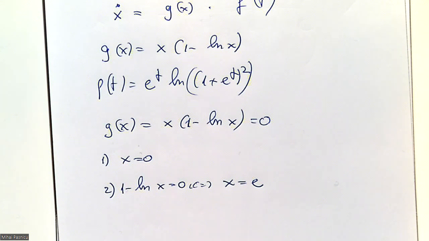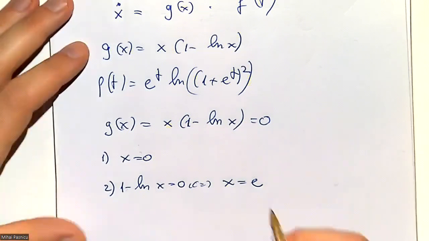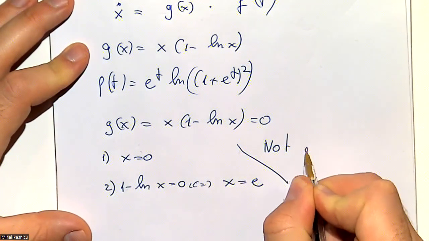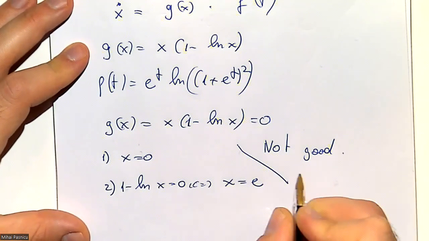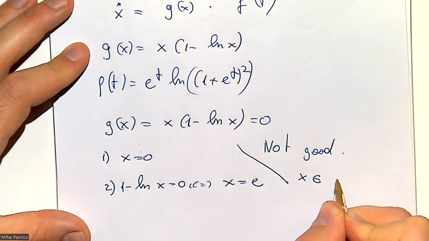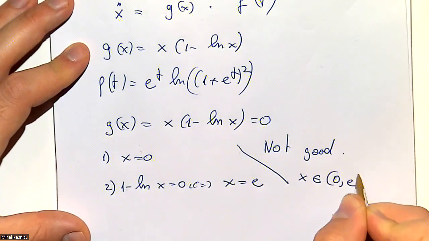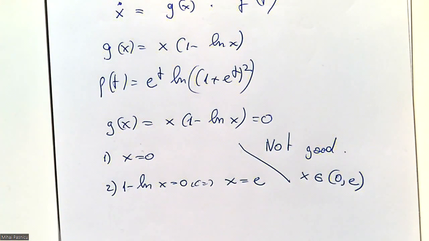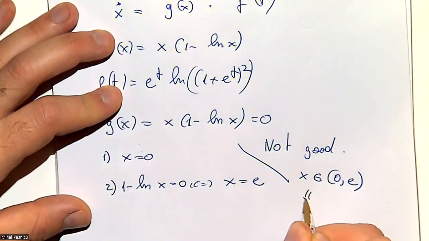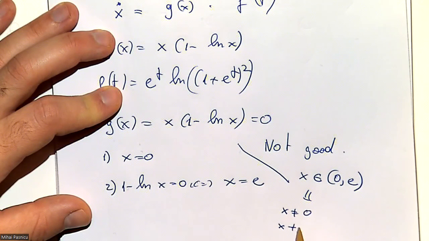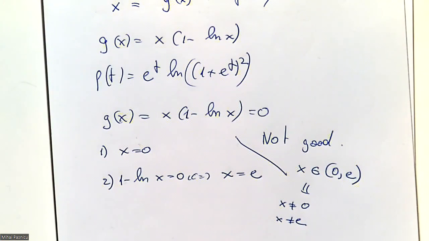Apparently yes, but if you look at the problem, the answer is no. Why? Because x is supposed to be in the open interval (0, e). It's written right here: valid for x in (0, e). It's open, so x can't be 0 and x can't be e. So I found a constant solution, but that's no problem. We move on.